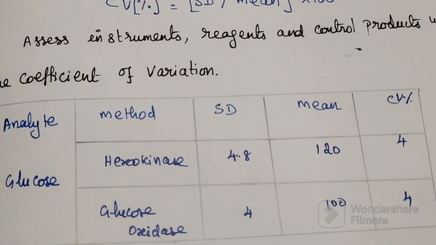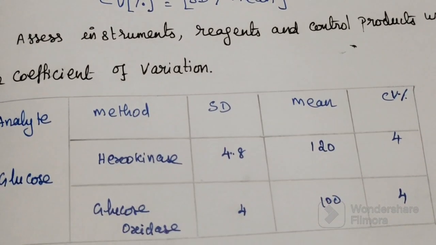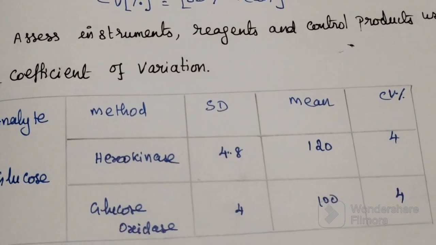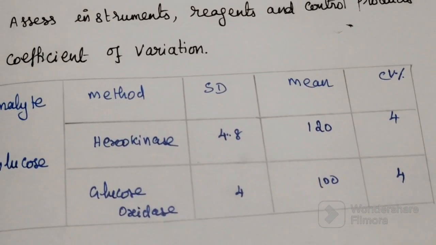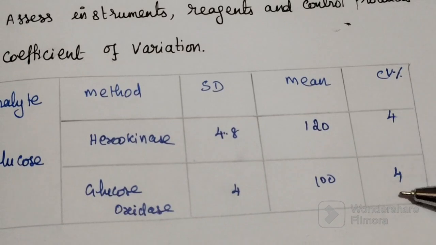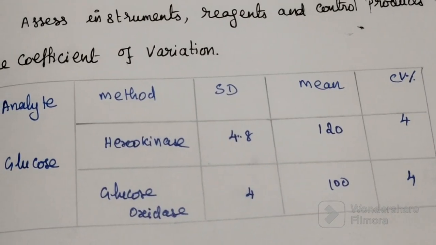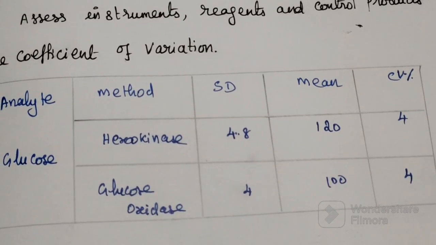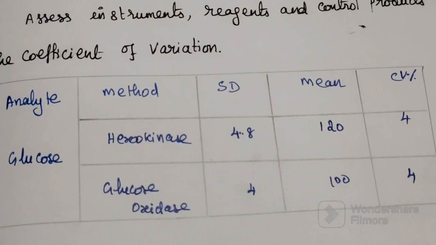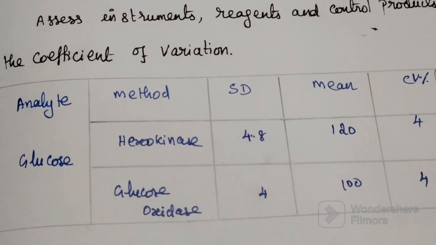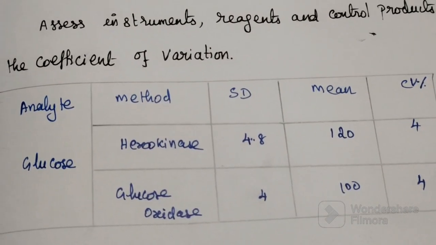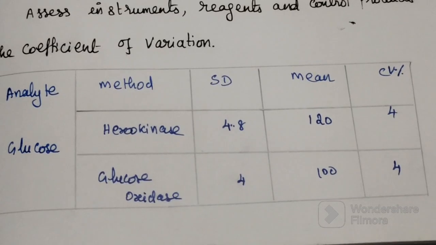So looking at the coefficient of variation, we come to know that both methods are equally effective. So the coefficient of variation is important to compare various methods. It can also be used to compare instruments.